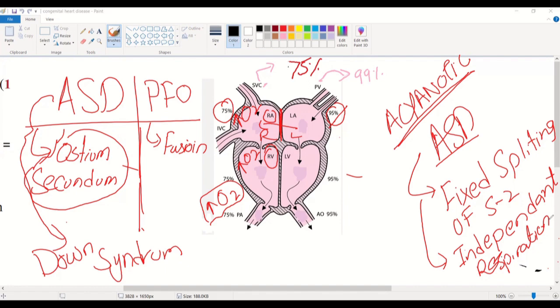And increased oxygen saturation in the right atrium, right ventricle, and pulmonary artery. Atrial septal defect may lead to paradoxical embolism. One more thing: what kind of murmur is in atrial septal defect?